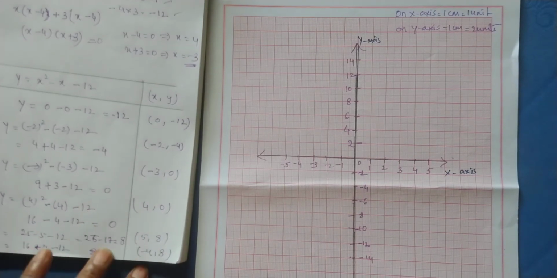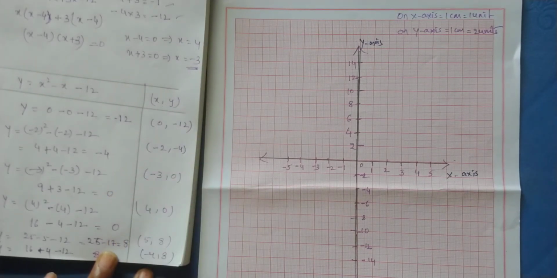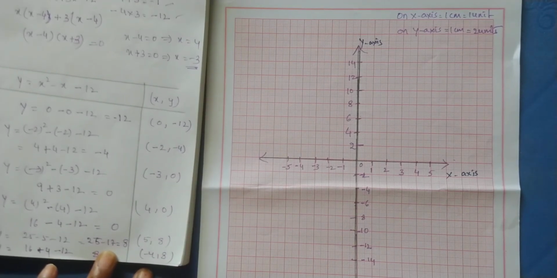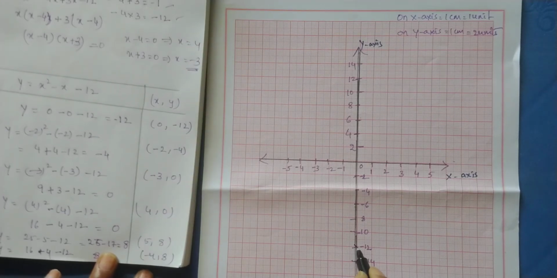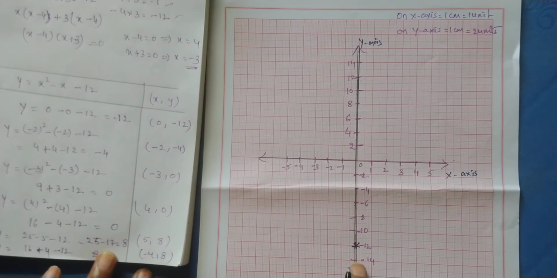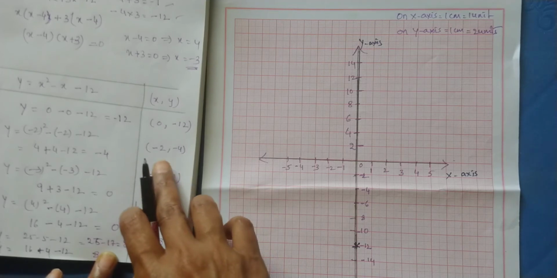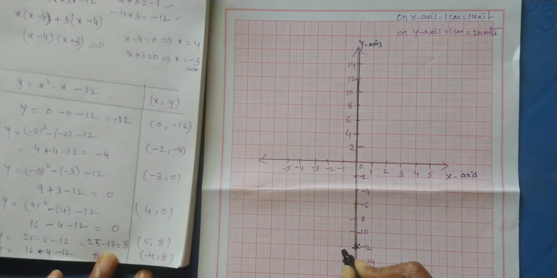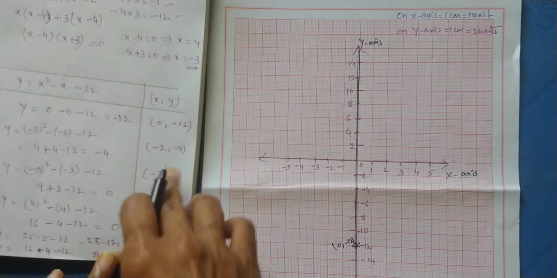Let us look at these points on the graph sheet. When the x coordinate is 0, y is -12. Where x is 0, the point always lies on the y-axis. So x is 0 and y is -12, the coordinate lies on the y-axis. Next, -2, -4.